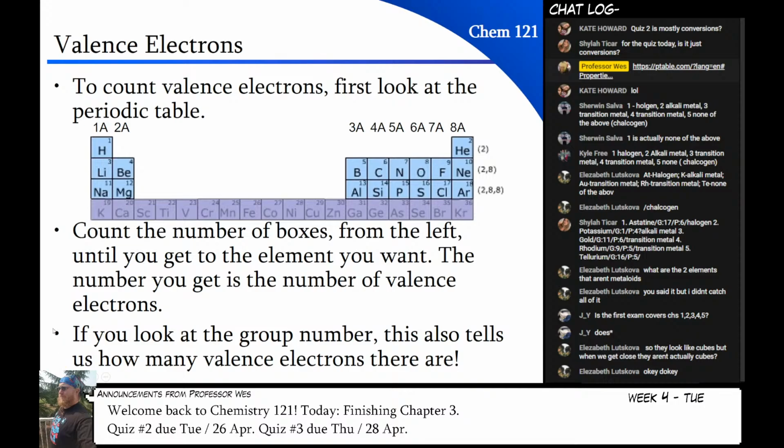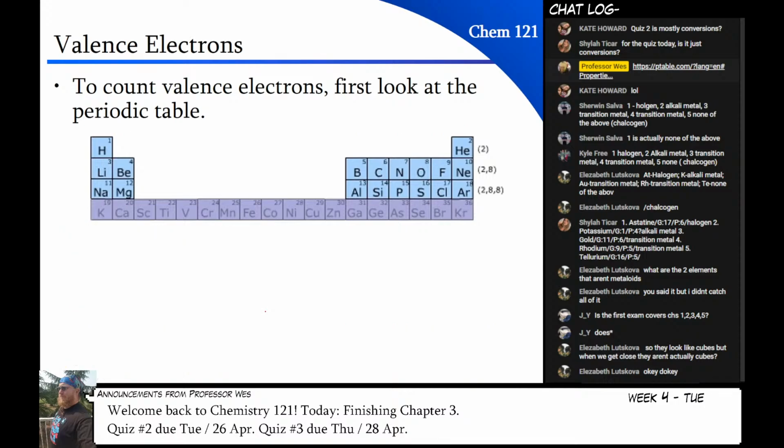So what we're going to do is get rid of these, and then I'm just going to number the groups, like this. And then we're going to underline all the ones digits. I'm only going to do this for the main group elements, and we'll talk about why in a second.